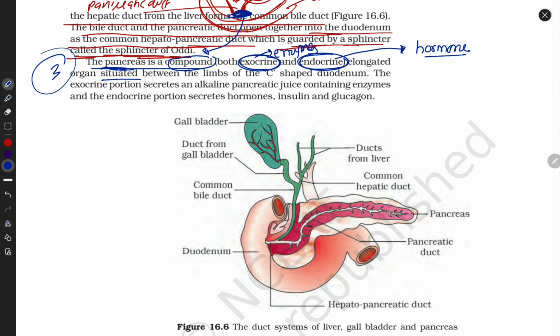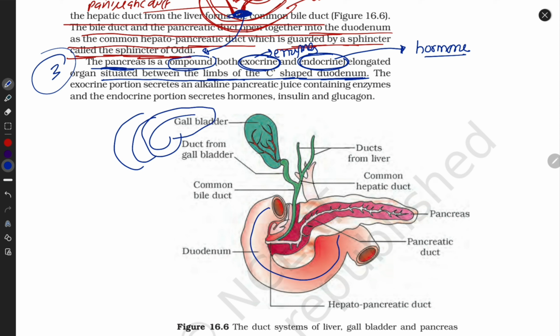This organ is situated between the limbs of the C-shaped duodenum. Look here, this is the duodenum and this is the pancreas. It releases hormones like insulin and glucagon, and it releases enzymes we call pancreatic juice.